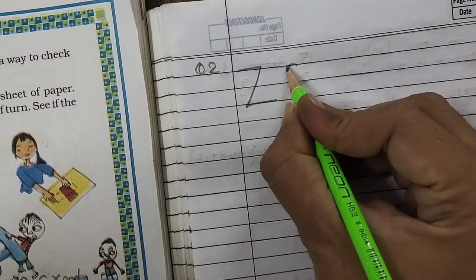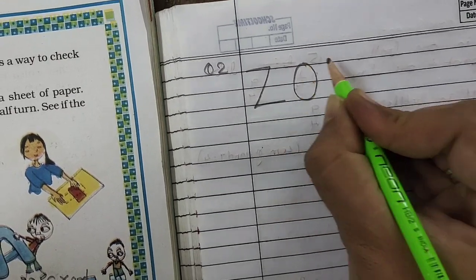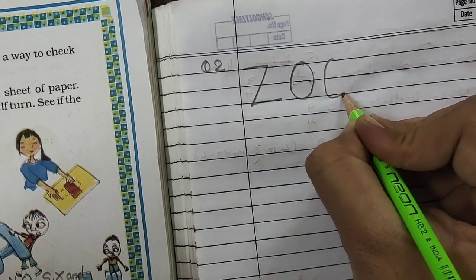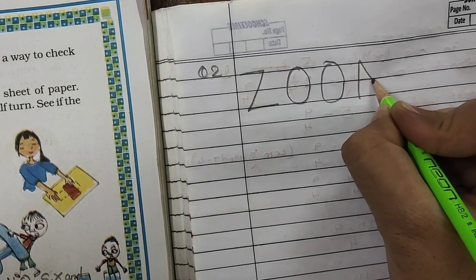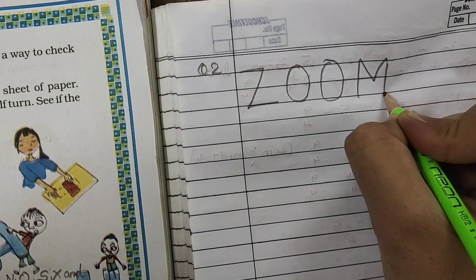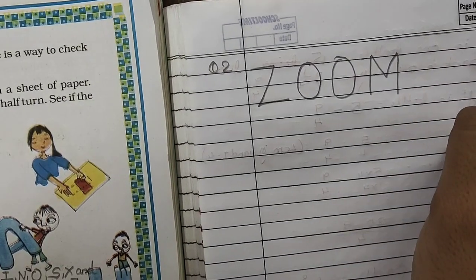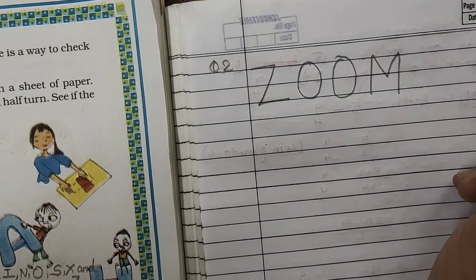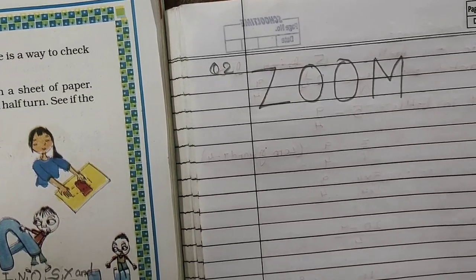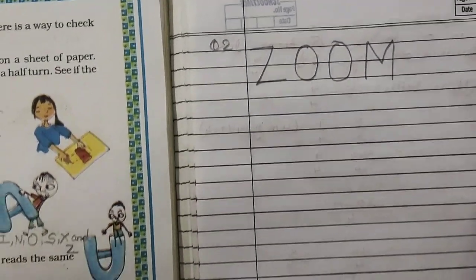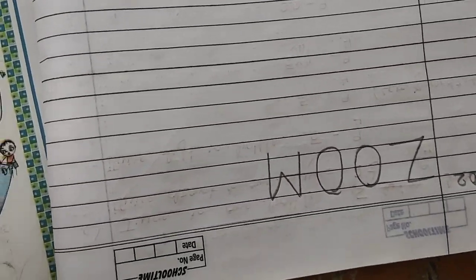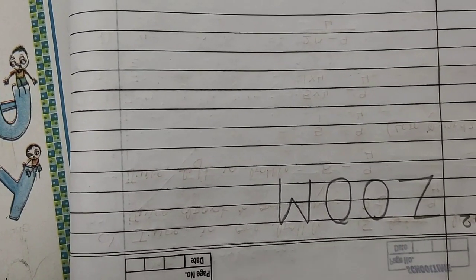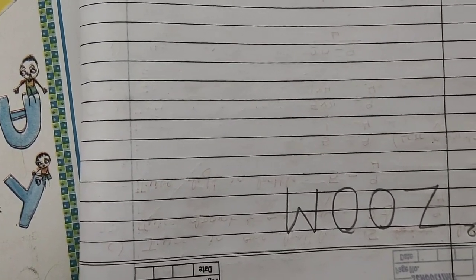Z, double O, M. Z double O M. So if I turn it a half turn, see, this is a book, I am turning it half a turn. So does it look the same? No, it is not looking the same.